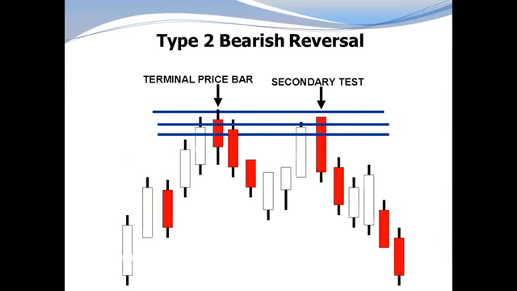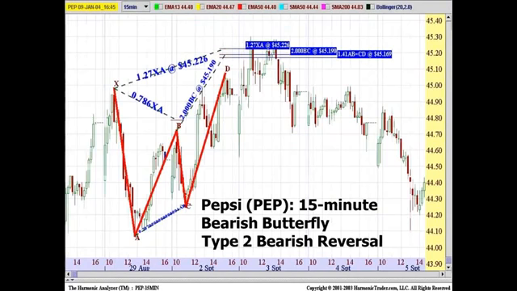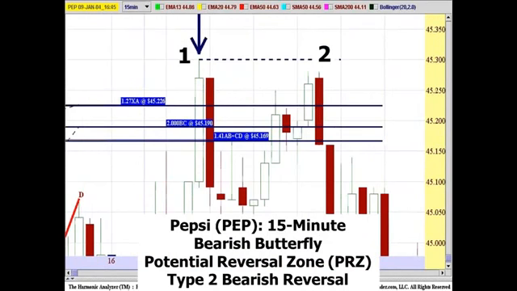Now, type 2 bearish reversal, again, tests all the numbers in the potential reversal zone, establishes the terminal price bar, trades out of the potential reversal zone only to experience a secondary retest. Looking at this 15-minute chart of Pepsi, we look at a bearish butterfly that had 2 tests of the entire potential reversal zone.